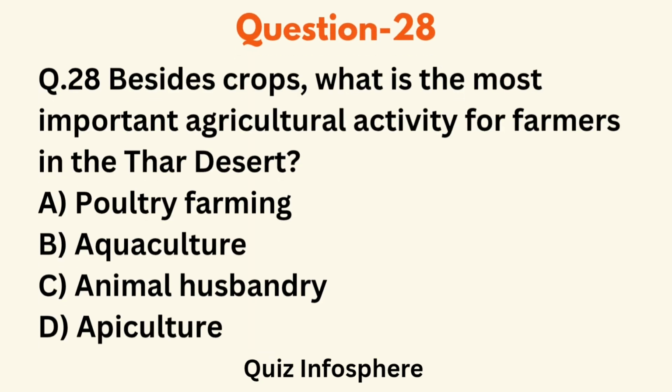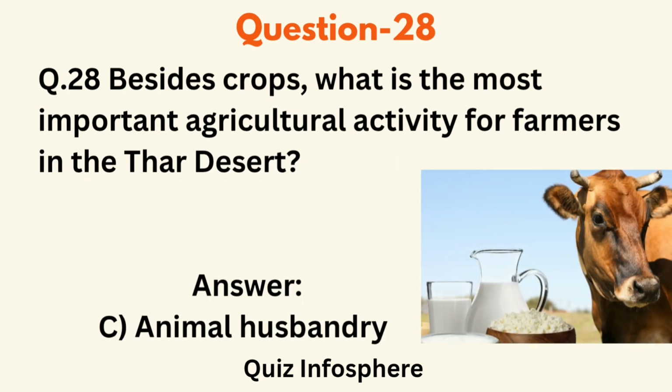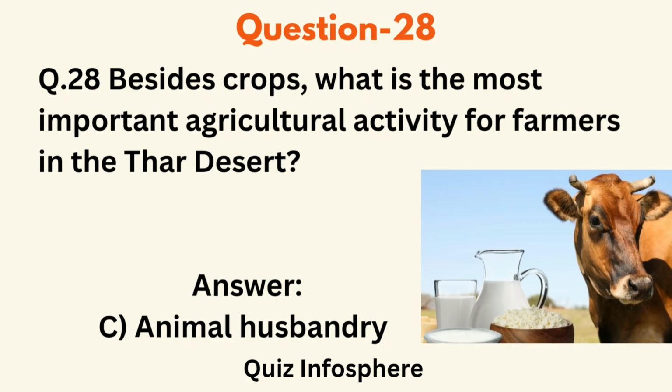Question 28. Besides crops, what is the most important agriculture activity for farmers in the Thar desert? Poultry farming, aquaculture, animal husbandry, apiculture. The correct answer is animal husbandry.